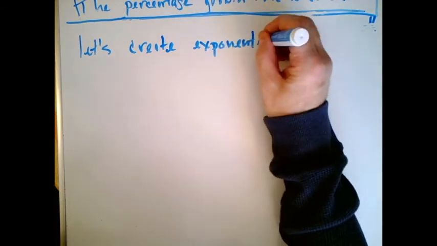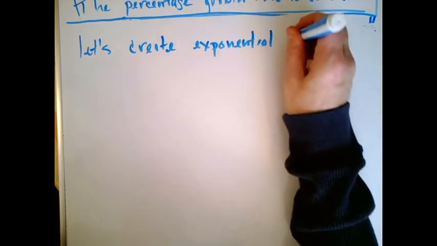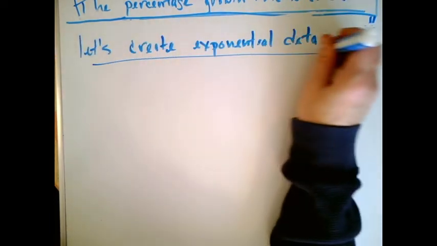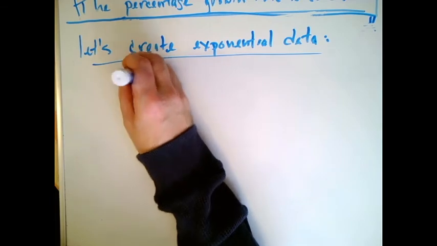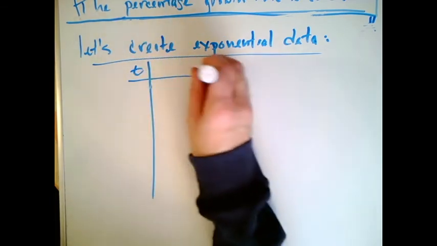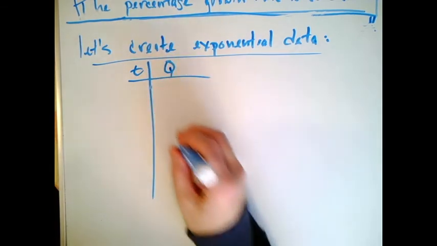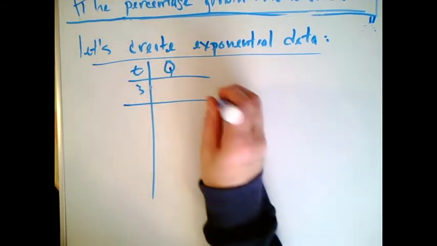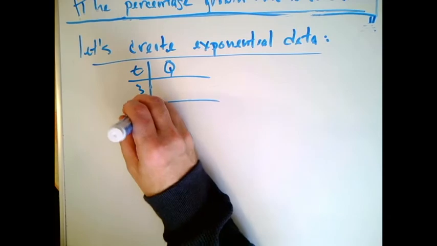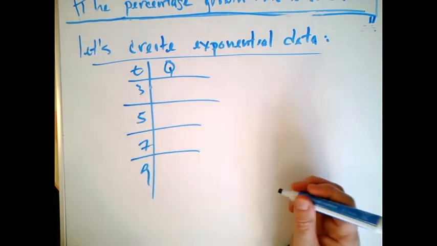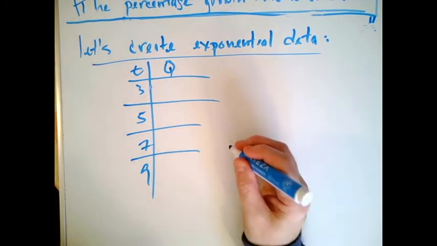The nice thing about this is we can create exponential data without actually having to work hard for a formula. What we want, again, I'm going to use t's because with exponential functions, t's is more common than x. I'm going to put a little q. I'm going to have a starting value, how about 3, and I'll keep going up by 2's each time. So 5, 7, 9.